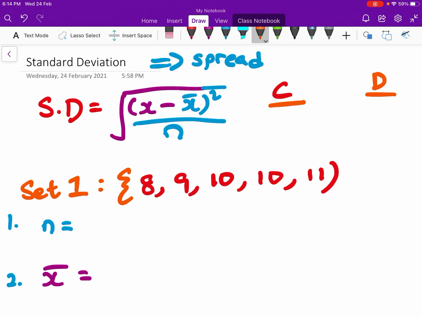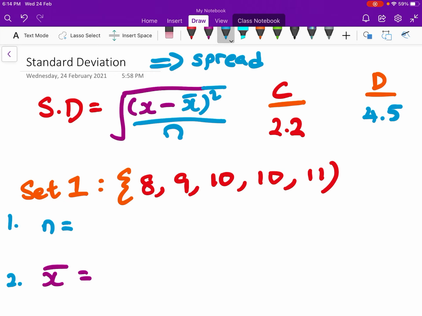So let's talk about class C and class D. What does the standard deviation tell me? In the example, class C has a standard deviation of maybe 2.2. Standard deviation has no units and it's always a positive number. Class D has a standard deviation of maybe 4.5. What does this tell me about the class C and class D student profile?